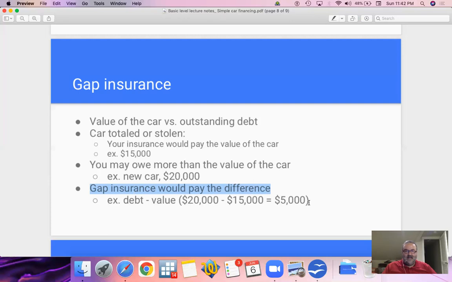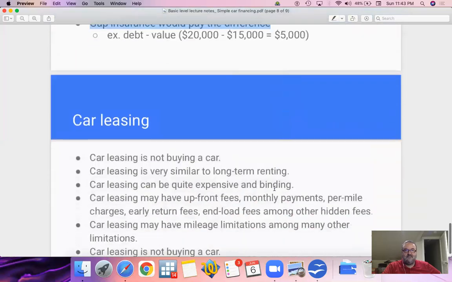The loan and the car are actually separate, and the car is the collateral for the loan, yes, but they are separate. So if anything happens to the car, you get money from the insurance, but it may not be enough to cover the loan, and you may have to pay it out of pocket. So it is really, really important that you consider gap insurance.